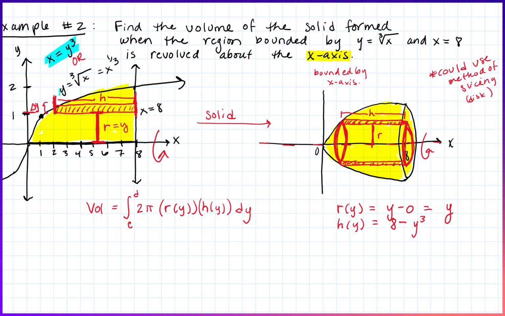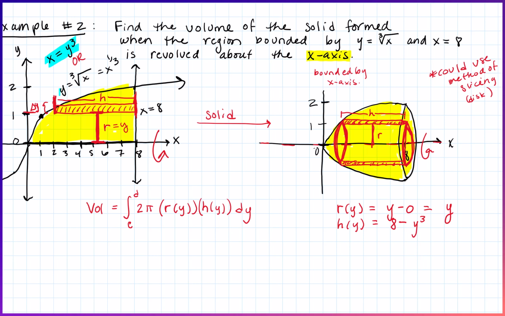And we know that on the y-axis, we start taking those rectangles and building those shells at 0, and we end up here at 2. 1 is somewhere in the middle. So in order to create this solid, we take shells that start at 0, that have a radius of 0 basically, and then we extend out those shells until their radii are 2 and nest them to create our solid.